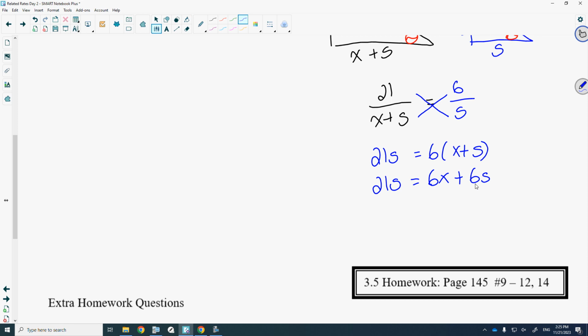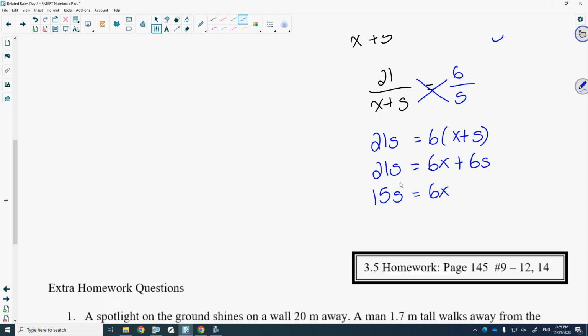Join your s's together: subtract 6s, and we get 15s is equal to 6x. Then we're going to implicitly derive both sides with respect to time.